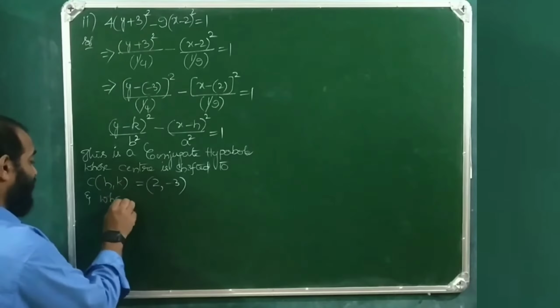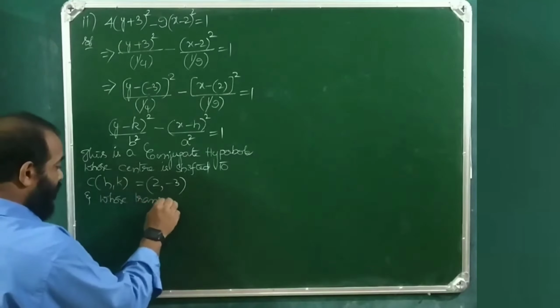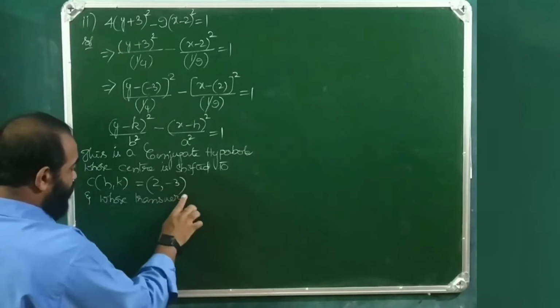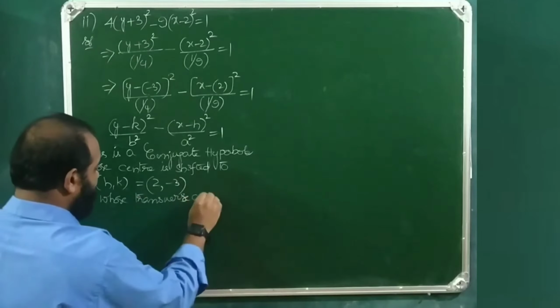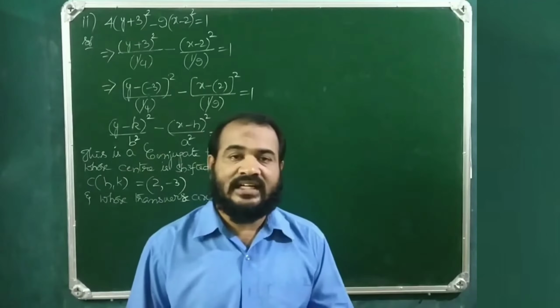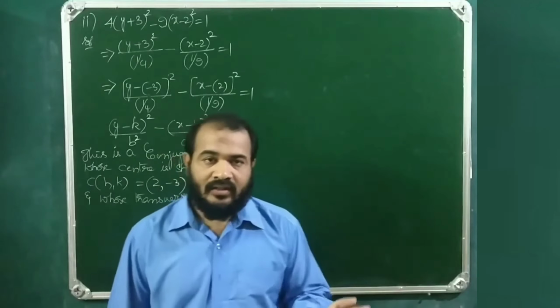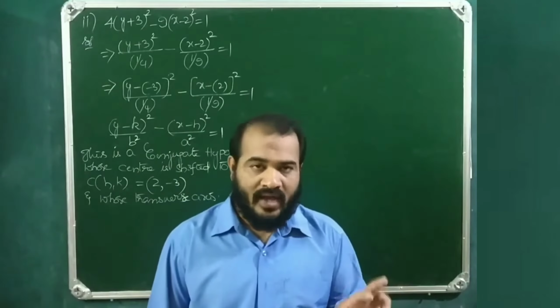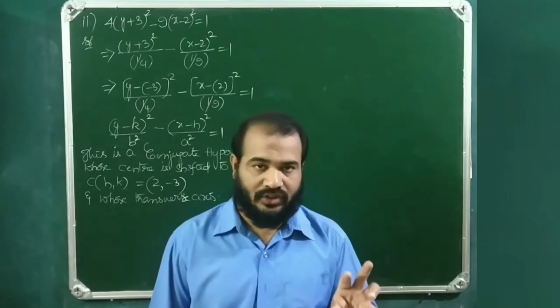And its transverse axis: for the conjugate hyperbola whose center is at the origin, the transverse axis is the y axis. In other words, x equals to 0.